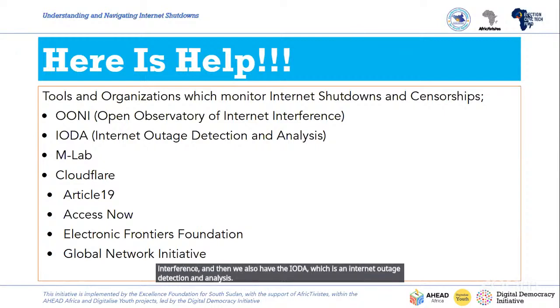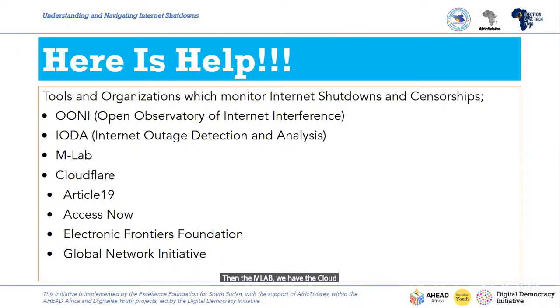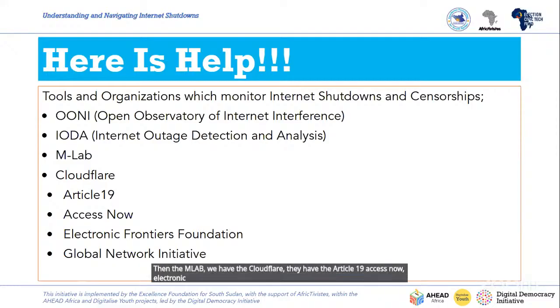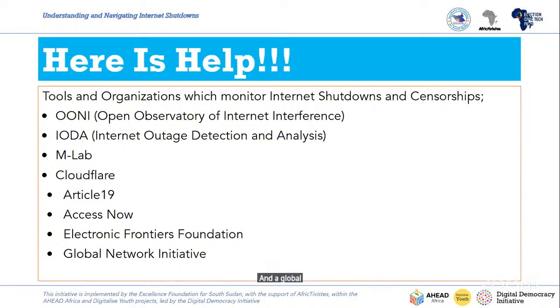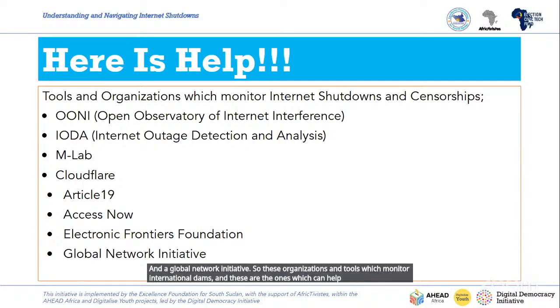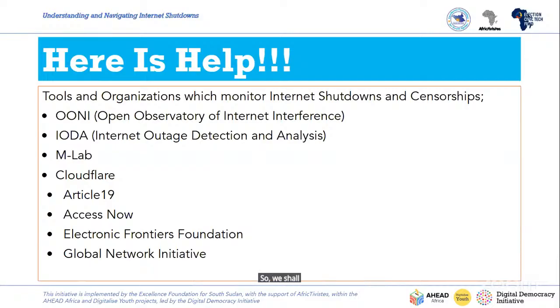Then M-Lab, Cloudflare, Article 19, Access Now, Electronic Frontier Foundation, and the Global Network Initiative. These are organizations and tools which monitor internet shutdowns, and they can help you understand whether the internet is being censored or shut down. We shall look into them later on, mostly OONI and IODA. Can go to the next slide.